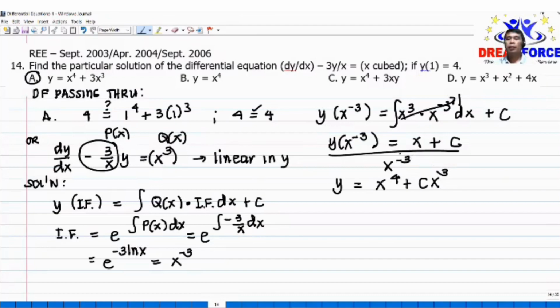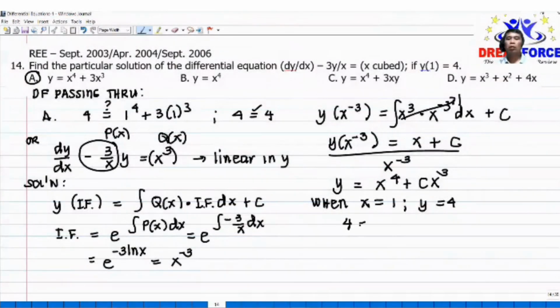Okay. So at the denominator, it is negative 3. So if we put that in the numerator, that will be x cubed times x, that will be x to the fourth, then plus c x cubed. So when x is equal to 1, y is equal to 4.